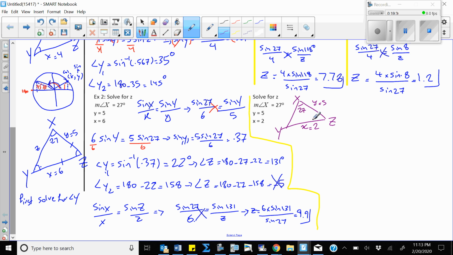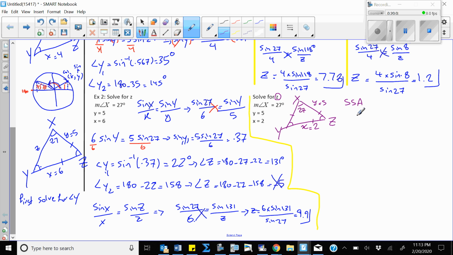As we see again, we have side side angle. So because this is side side angle, we have an ambiguous case. We use law of sine to solve for missing side. So I want to solve for side z, but because I don't have angle z, I'm going to find angle y first, and then use that to find angle z and side z.